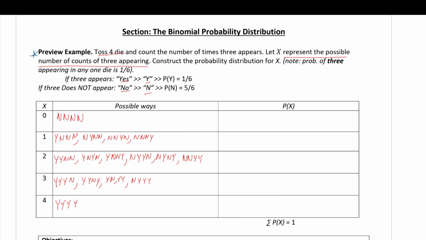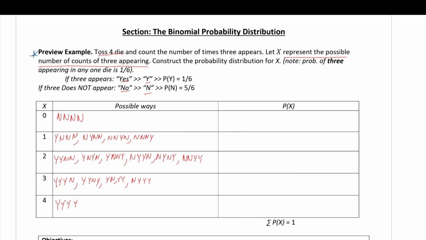So how do you come up with the probability of this? Would you agree that each die is independent from each other? In this first example, the probability that a 3 does not appear on each die, if it's no and no and no and no, these are all independent events, so the probability would simply be the product of each individual probability.